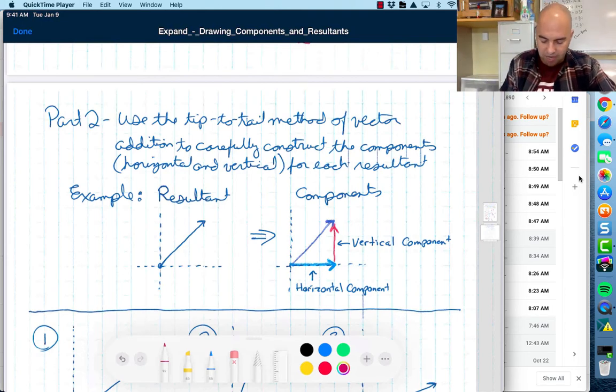So if we start off with this, it's going to be a little bit of this to the right for the horizontal component, and a little bit of this up for your vertical component.